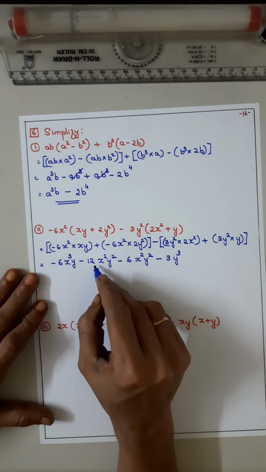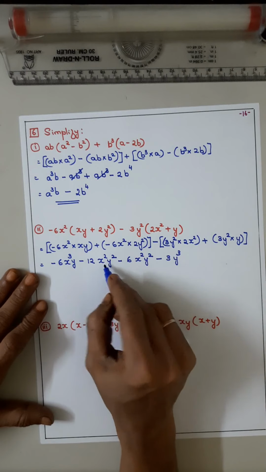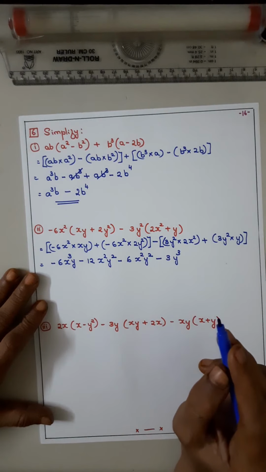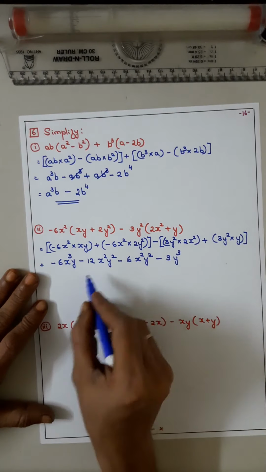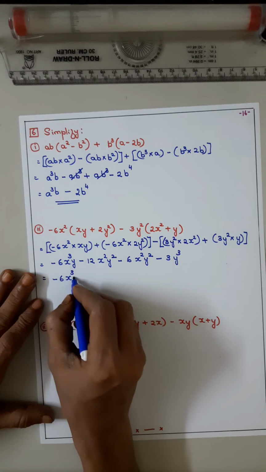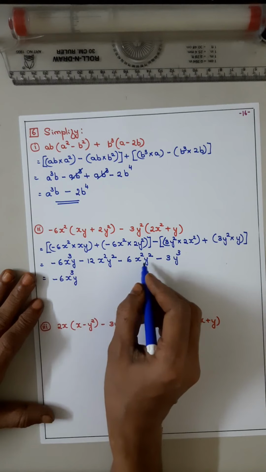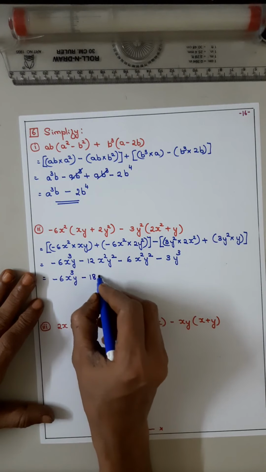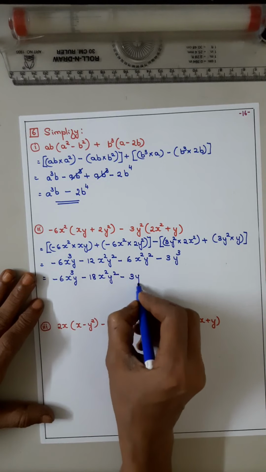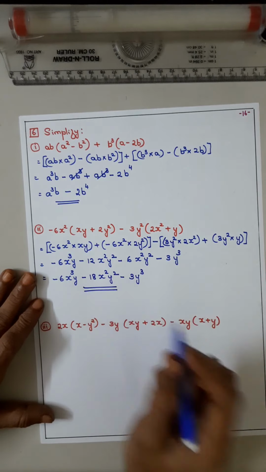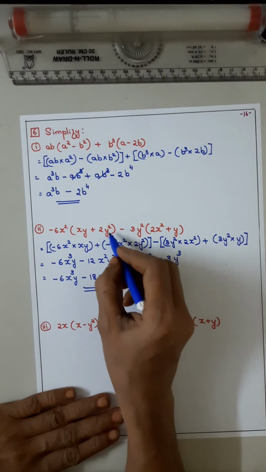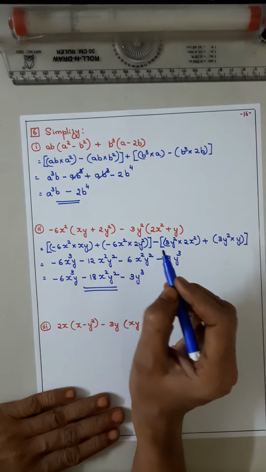Here it is minus 12 x squared y squared. Here minus x squared y squared. Okay, now here it becomes minus 6x cube y. This x squared y squared minus 18 x squared y squared minus 3y to the power 3. Okay.